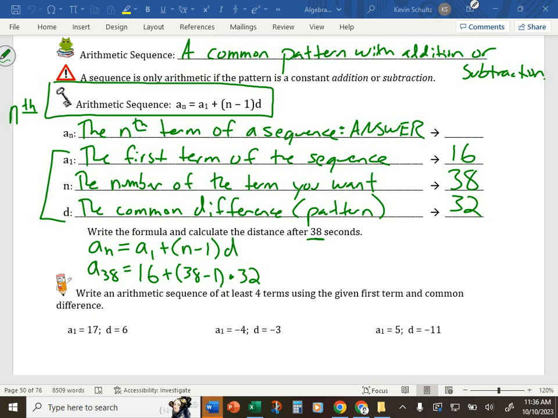In your calculators, go ahead and type this exact thing: 16 plus parentheses 38 minus 1 close parentheses times 32. And if you get 1200, you've done it correctly.